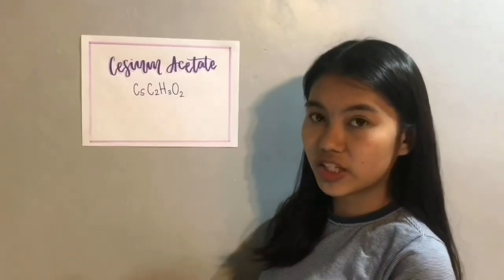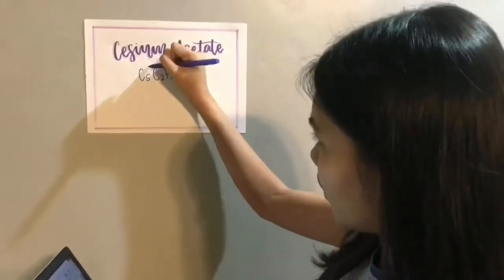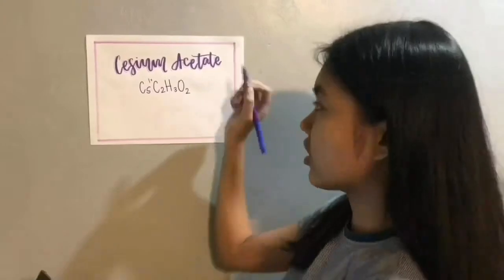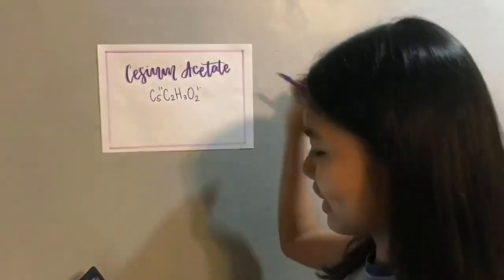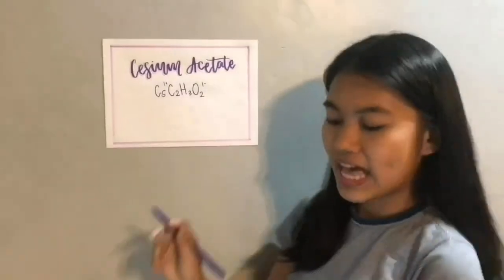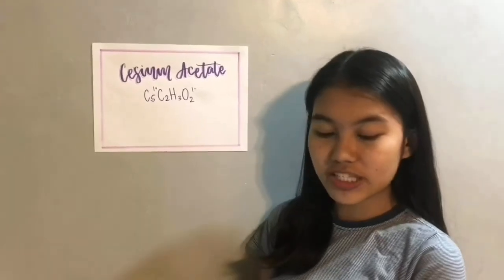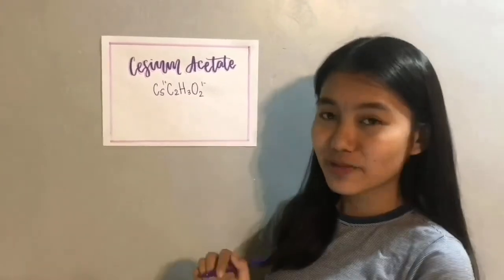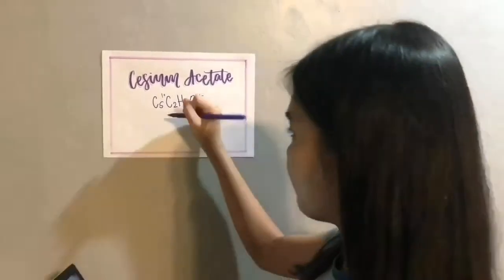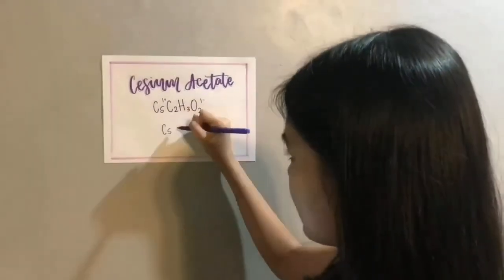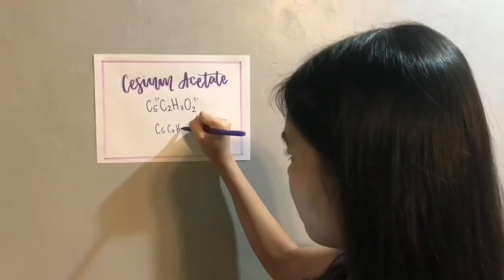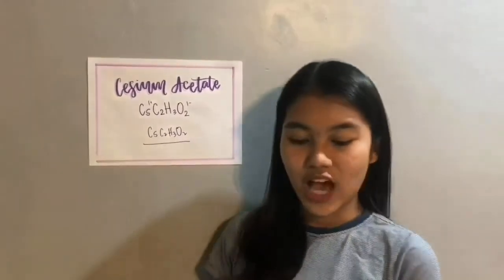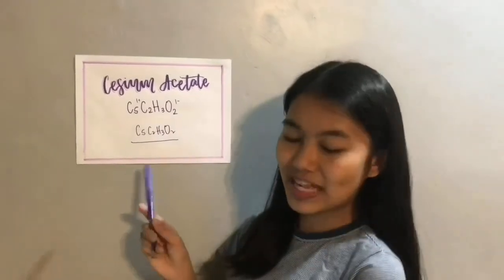Cesium has an ionic charge of 1+, while acetate has an ionic charge of 1-. Since they have the same charges, we won't have much problem writing its formula. That's why it is written as CsC2H3O2, or what we call cesium acetate.